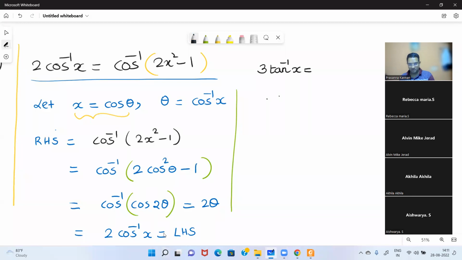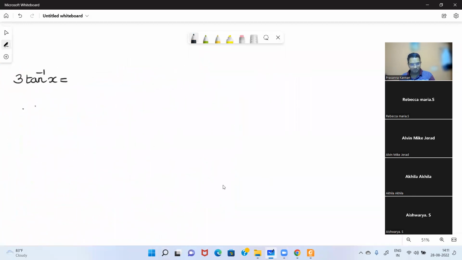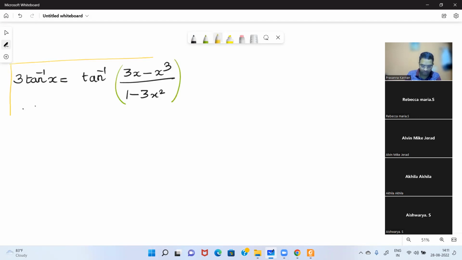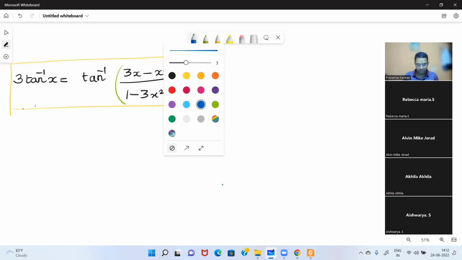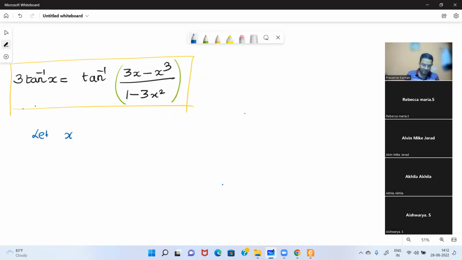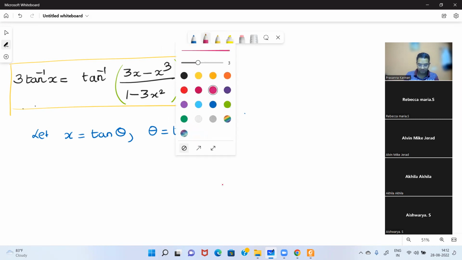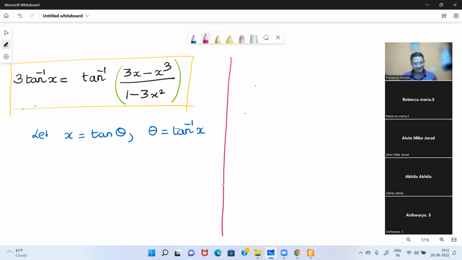Prove that 3 tan inverse of x is equal to tan inverse of this. Let x be equal to tan theta. Then what will be theta equal to? Tan inverse of x.